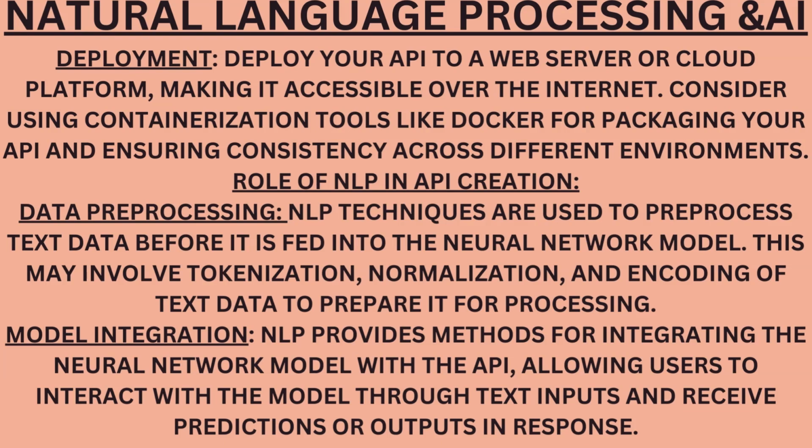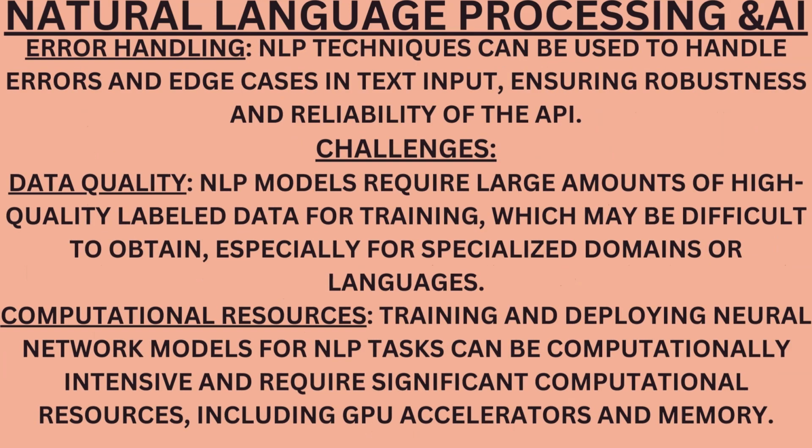Natural language processing provides methods for integrating the neural network model with the API, allowing users to interact with the model through text inputs and receive predictions or outputs in response. Error handling. Natural language processing techniques can be used to handle errors and edge cases in text input, ensuring robustness and reliability of the API.